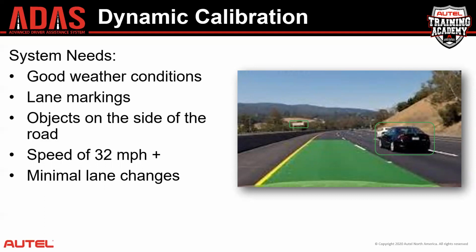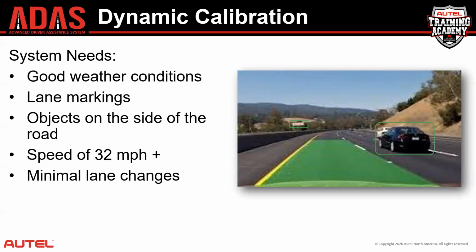Some vehicle manufacturers will say that they want other vehicles on the road, flat level road relatively, minimal curves, no changing lanes, no using turn signals. So each vehicle manufacturer will dictate the speed, above 32 but below 67 miles an hour. You have to follow these precisely in order to get this dynamic calibration to complete.